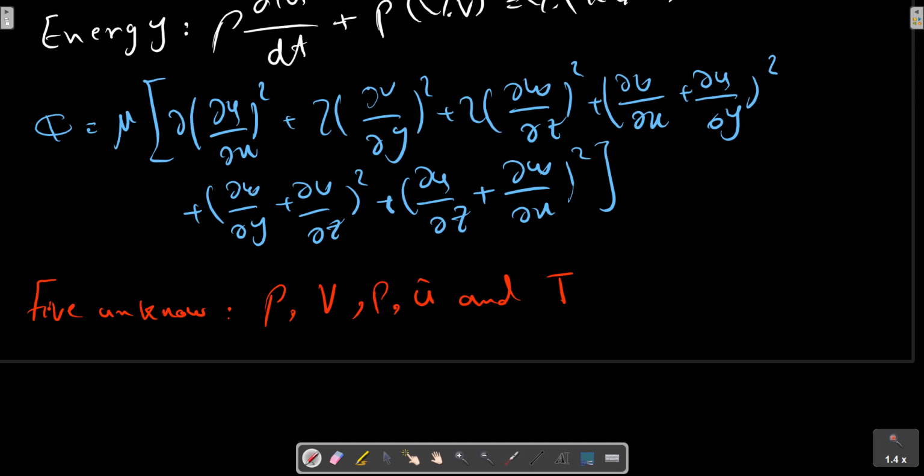So we have two relations: rho is a function of P and T, and internal energy is a function of P and T. For example, for a perfect gas with a constant specific heat, we can compute the relation for rho and internal energy.